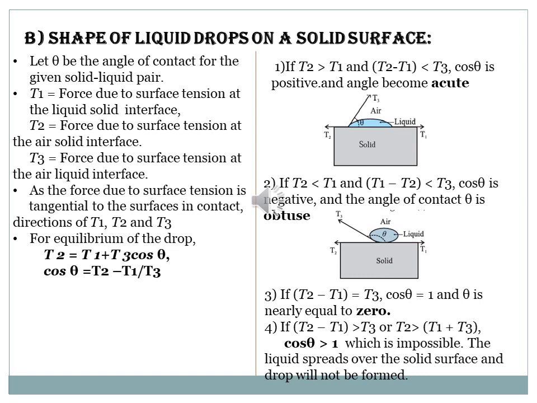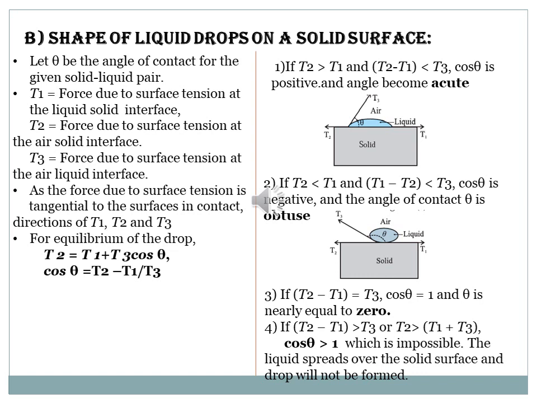T2 is the force due to surface tension at the air and solid interface, and T3 is the force due to surface tension at the air and liquid interface. These are the three forces we have to consider. Now, as the force due to surface tension is tangential to the surfaces in contact, all these forces should be tangential to the surfaces in contact.